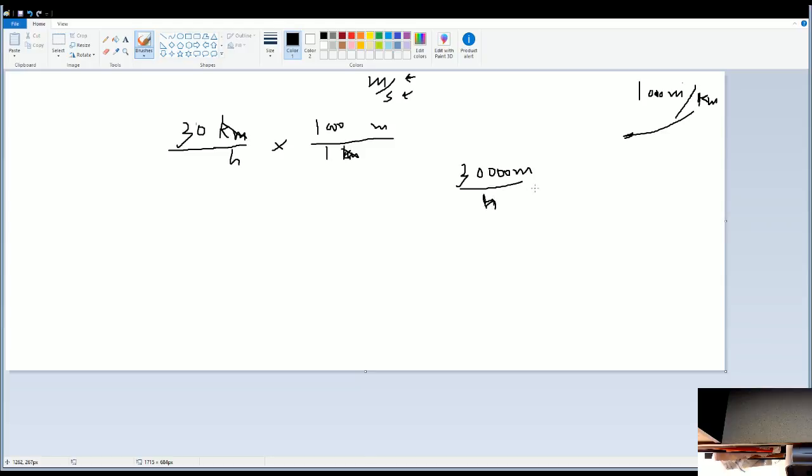Now you want per second, how many meters per second? You have hours. You could do it all at once, 3,600, or you'll do 60. So you have 60 minutes every hour. Over here, you have hour on the bottom, so you'd have to write hour on top for sure, because you want hour to be gone here and here. You want them to cancel out. So in every 1 hour, you have 60 minutes.